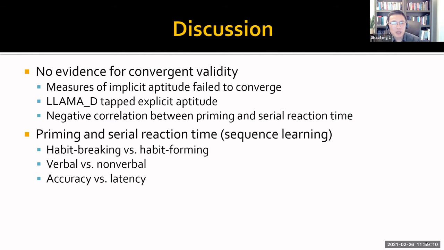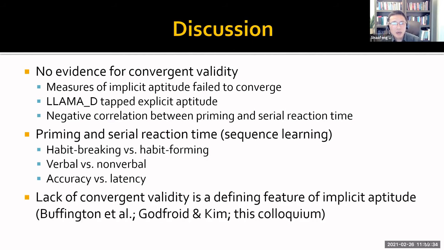Also, priming is based on accuracy, whereas serial reaction time is based on latency or reaction time. In psychological research, there is evidence that accuracy and time-based measures normally do not converge. I mean, they are not aligned.